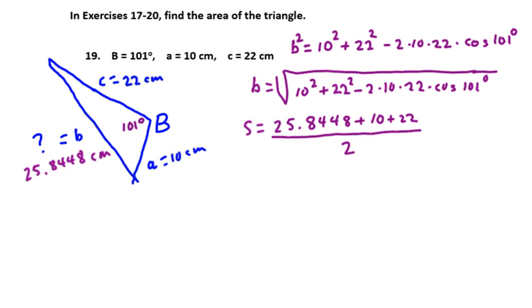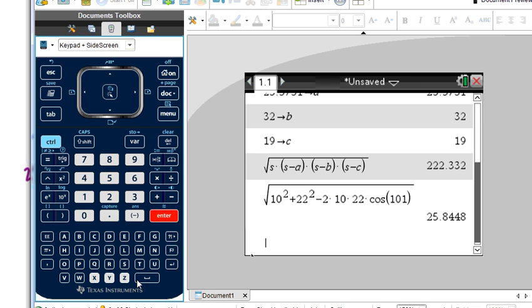What I want to do is try to be a little more efficient this time than I was, at least with the calculator, than I was last time. What I'm going to do is I'm going to put this answer here, so I'm going to put the last thing calculated, so I'm going to put control storage, that answer to, that's side B, isn't it?